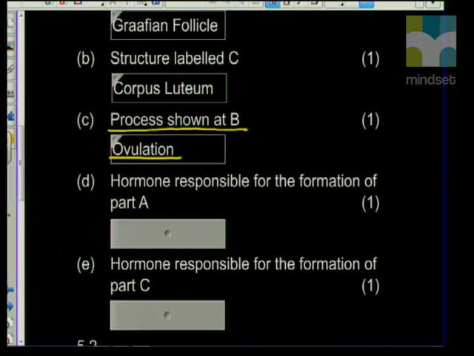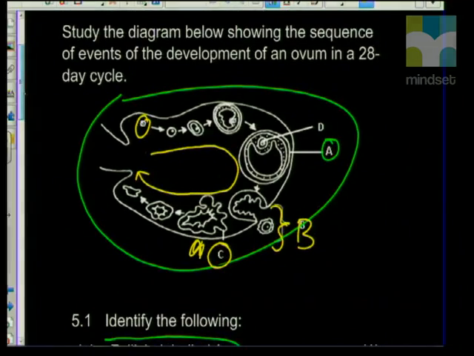The next one. The hormone responsible for the formation of part A. So we're looking at A again. Which hormone forms it? Not which one it produces. Get it right. Read the question carefully, because it produces one hormone, but it is formed from a certain hormone.